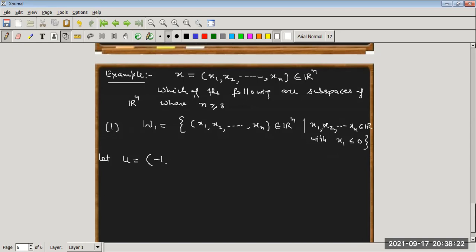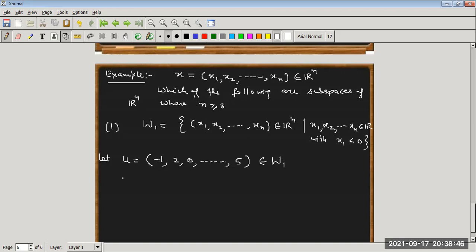If we take -1, and there is no restriction on the other entries, 2, 0, and let it be 5. So this type of element belongs to W1. But the first entry must be less than or equal to 0. We can take 0 or less than 0, right?